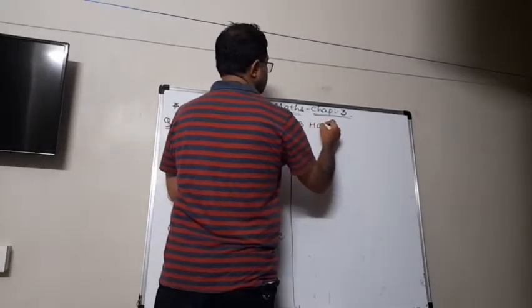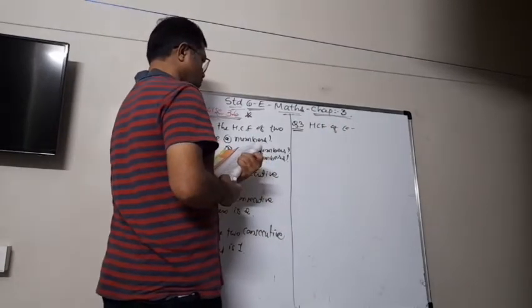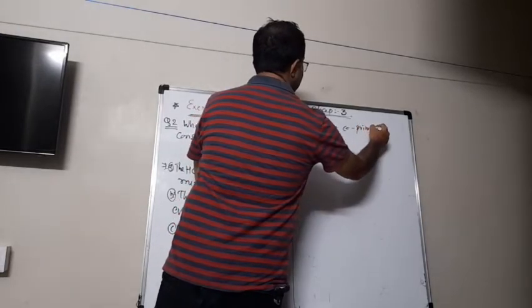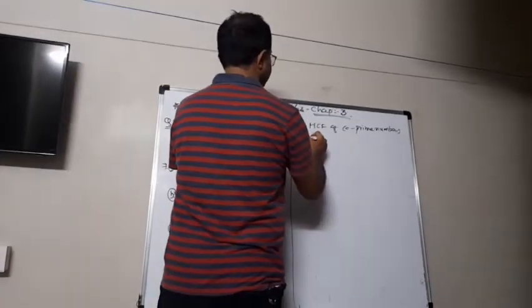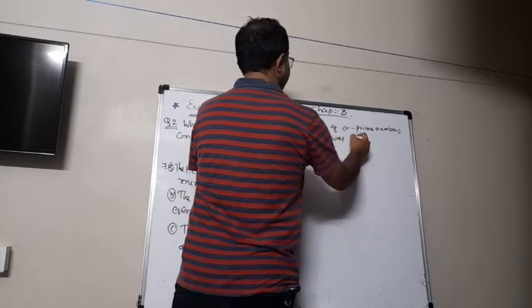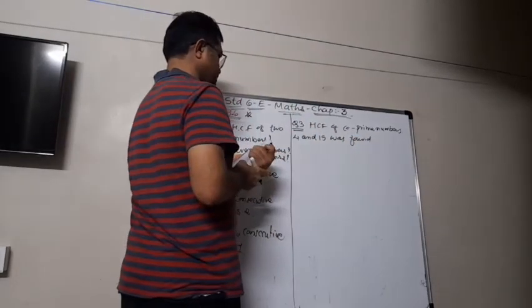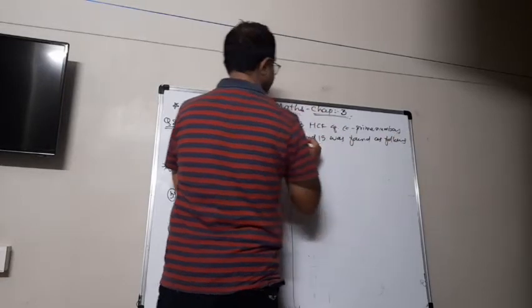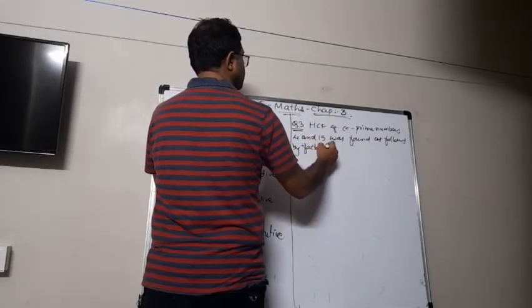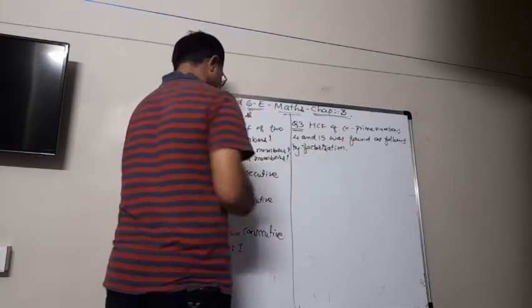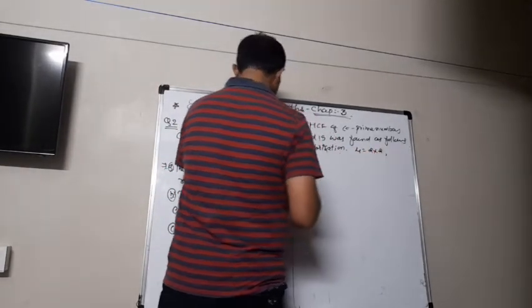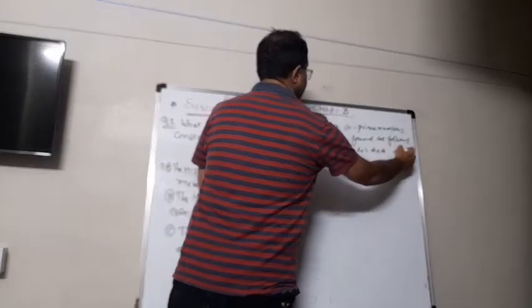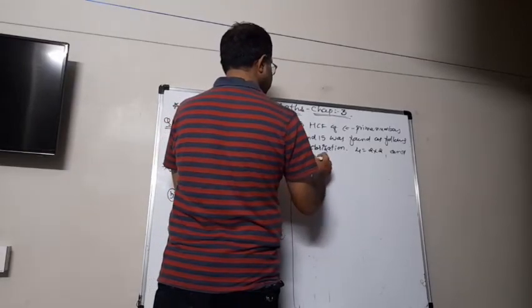The HCF of co-prime numbers 4 and 15 was found as follows by factorization. 4 is equal to 2 into 2 and 15 is equal to 3 multiplied by 5.